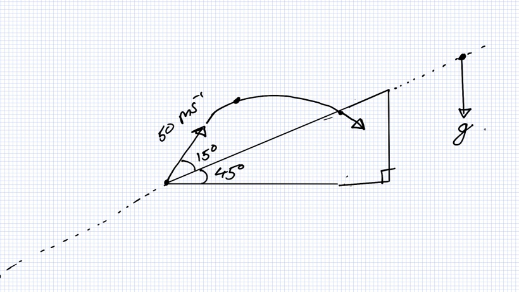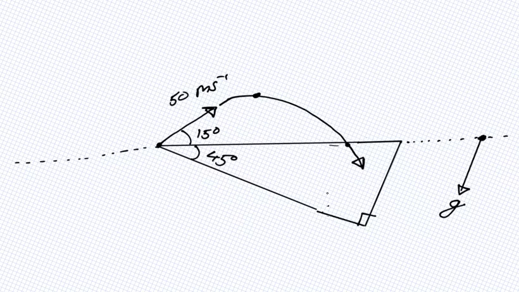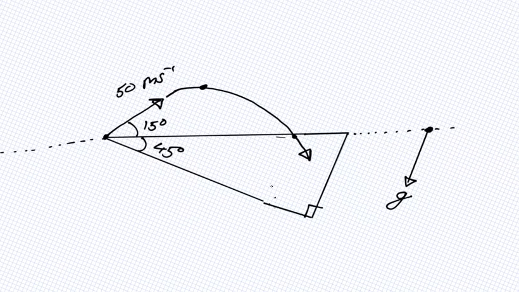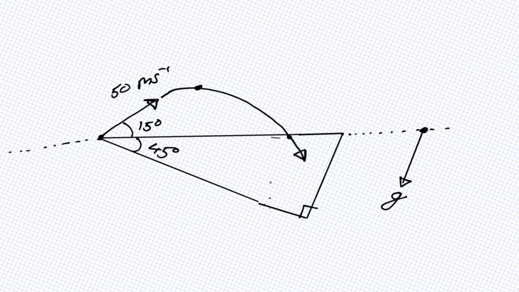Okay, so the trick here is to rotate so that you're looking at it with the surface of the plane lying on the x horizontal axis like this, and then this would be the y-axis here.